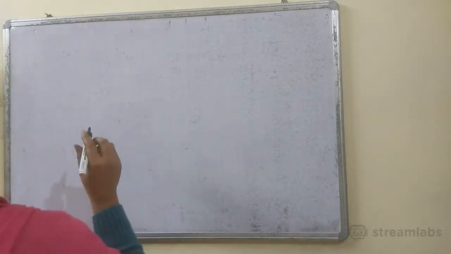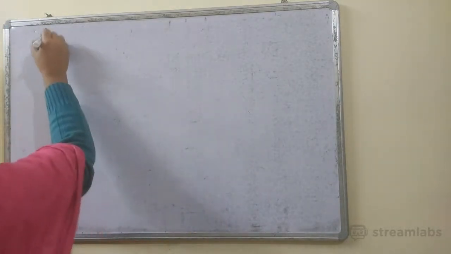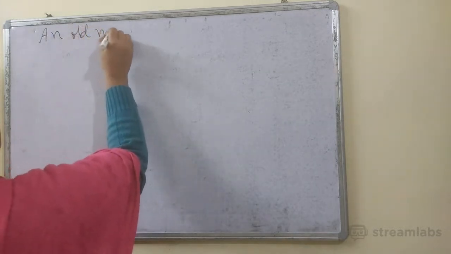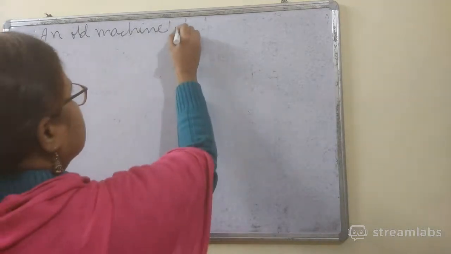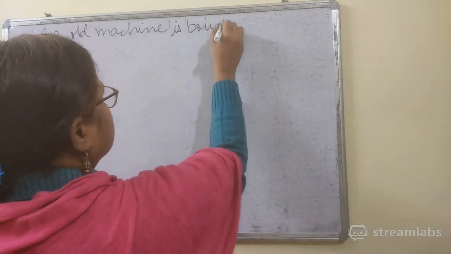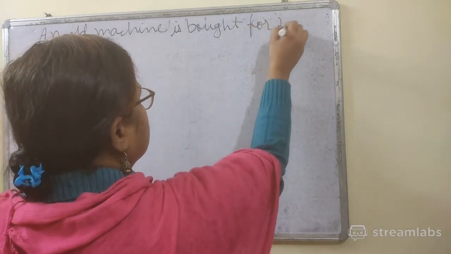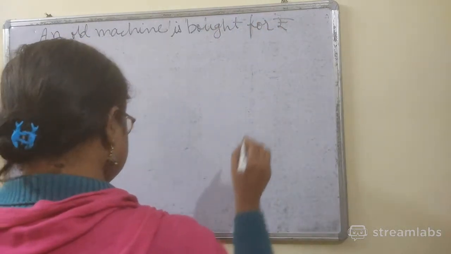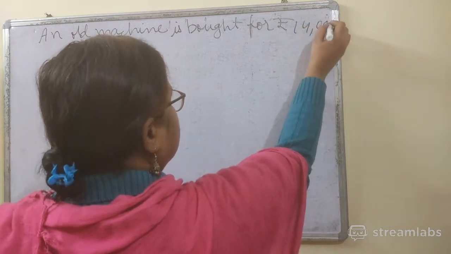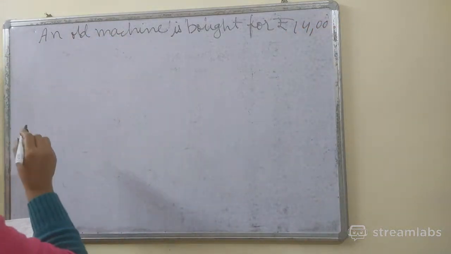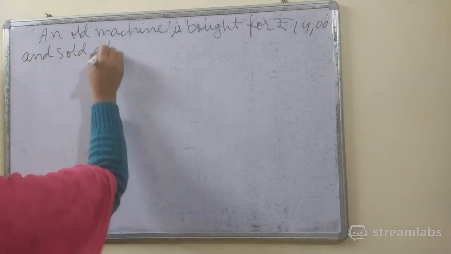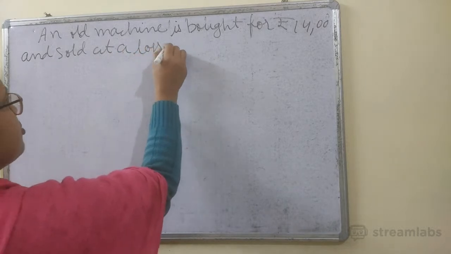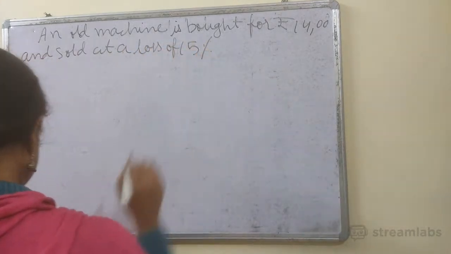Now the next question is, an old machine is bought for rupees 1400, and is sold at a loss of 15%.